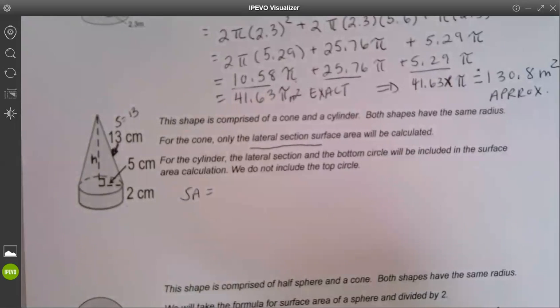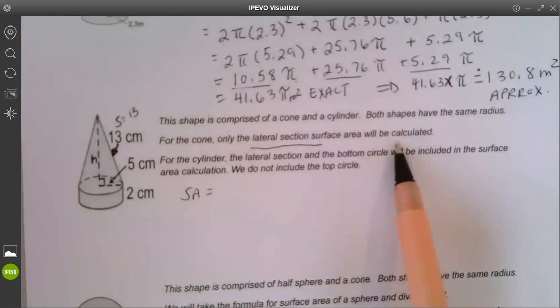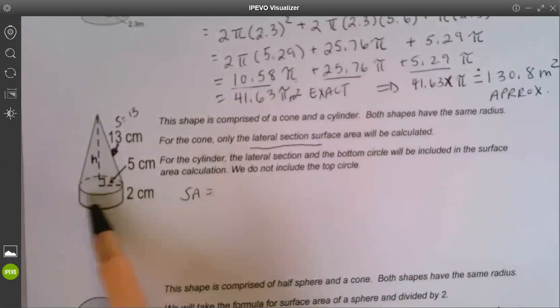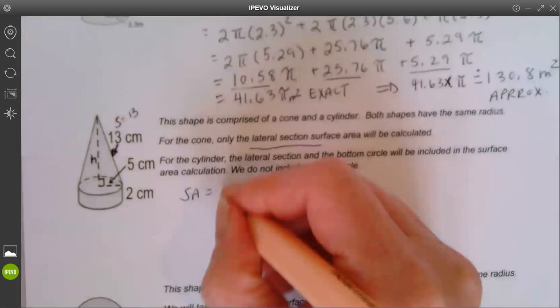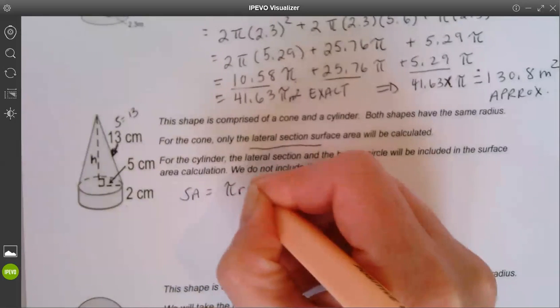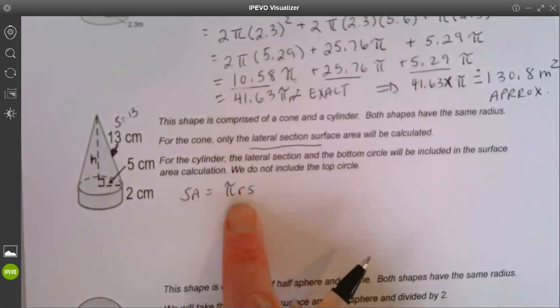Okay, so now for the cone, only the lateral surface area will be calculated. We are not going to include the circular base. So that means our formula will be pi r times s. That is the lateral piece for the cone.